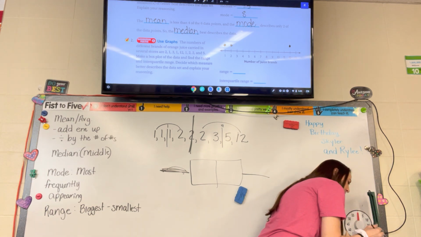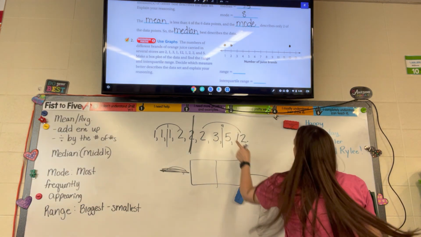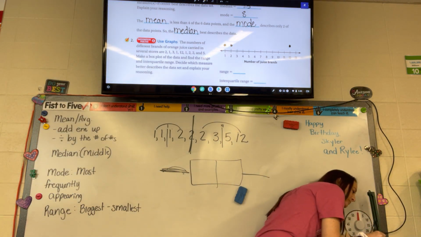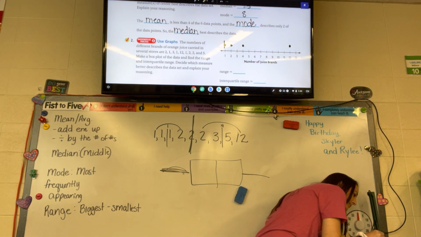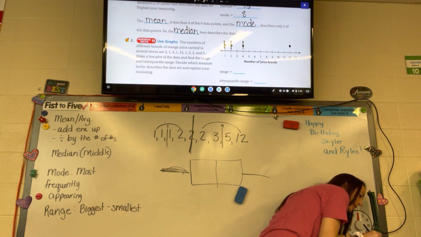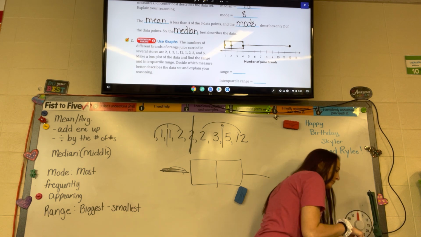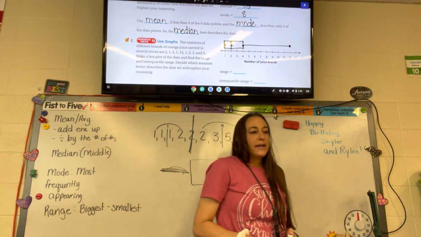So we've got to put a point at 4. And the box is made up from 1, the lower quartile, 2, the median, and 4, the upper quartile. So we make a box like that, and then we connect these two. So your box plot should look like that.